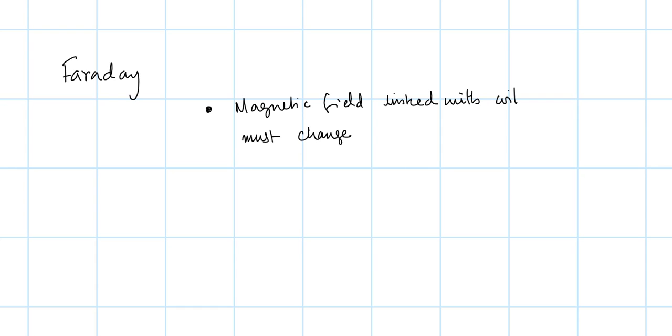The thing that Faraday noticed was that the amount or the intensity of the EMF induced is proportional to the rate, or the fastness, of how fast the magnetic field through the coil changes.